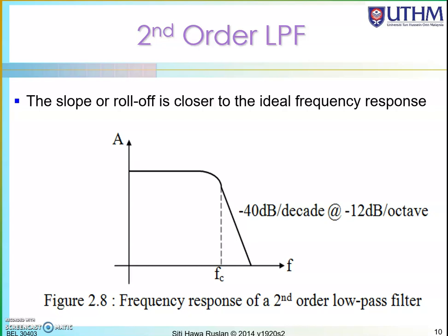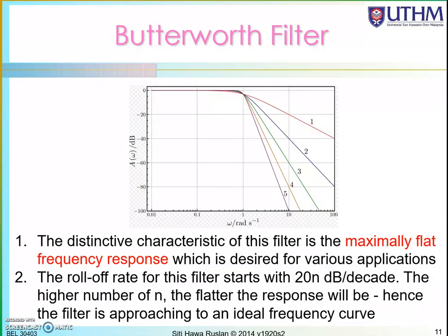If it is a first order, it will be minus 20 dB per decade and minus 6 dB per octave. But now it is double. Okay, so meaning that the slope will be steeper, closer to the ideal. Okay, again, remember, first order, second order. So later on we will move to higher orders. So it is closer to the ideal. The ideal should be a brick wall over here. Okay.